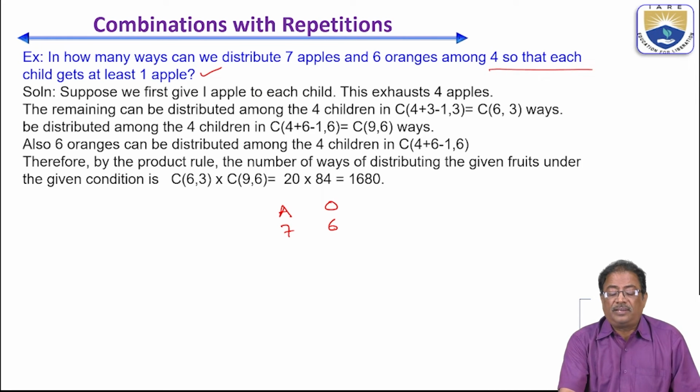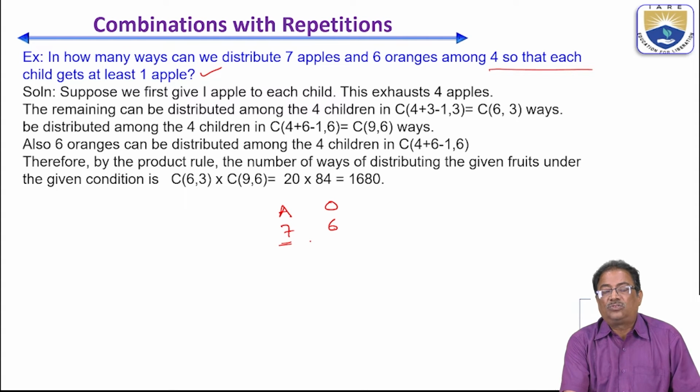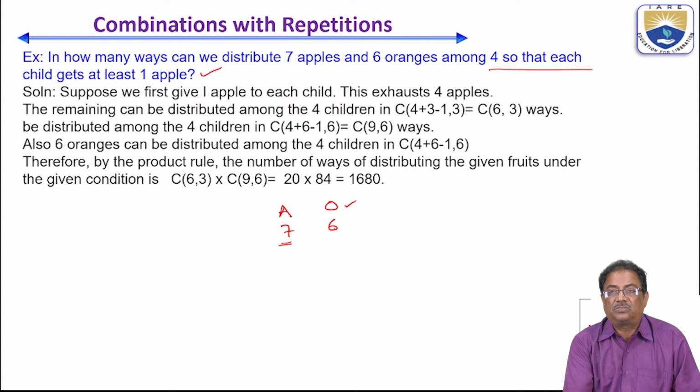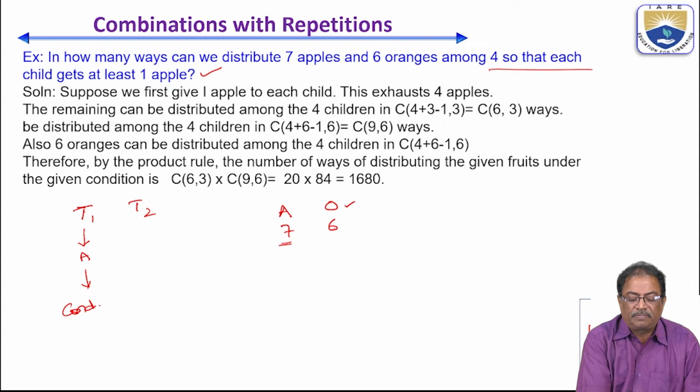So the condition is imposed on apples only. There is no condition on distribution of oranges. So here there are 2 tasks, T1 and T2. Task 1 is distribution of apples based on the condition, and task 2 is distribution of oranges, with no condition.